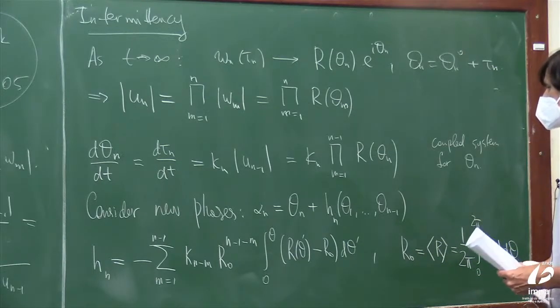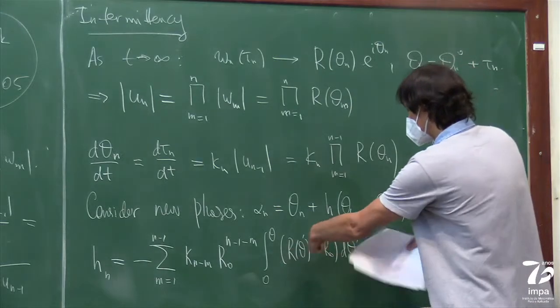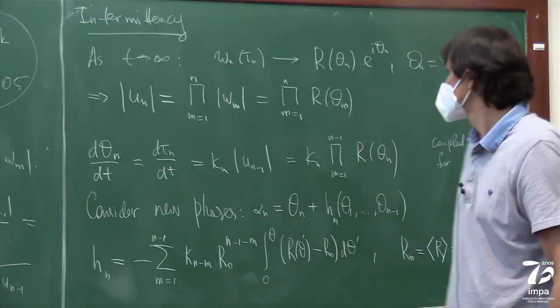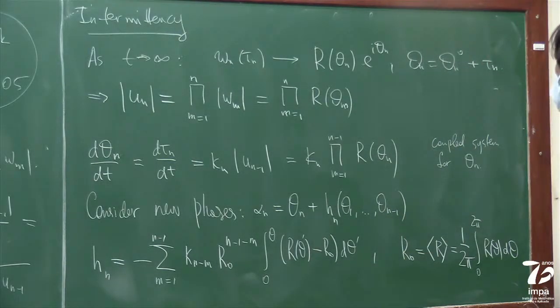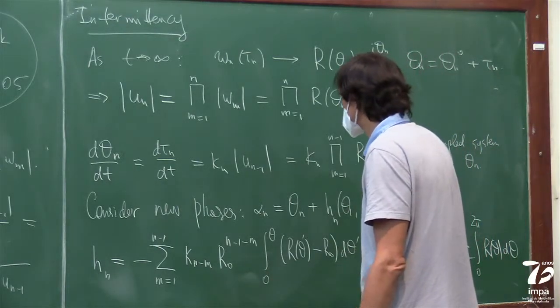So we get this transformation in terms of a sum of integrals of the function R. Actually, this transformation was not cooked up. It appears by itself somehow.